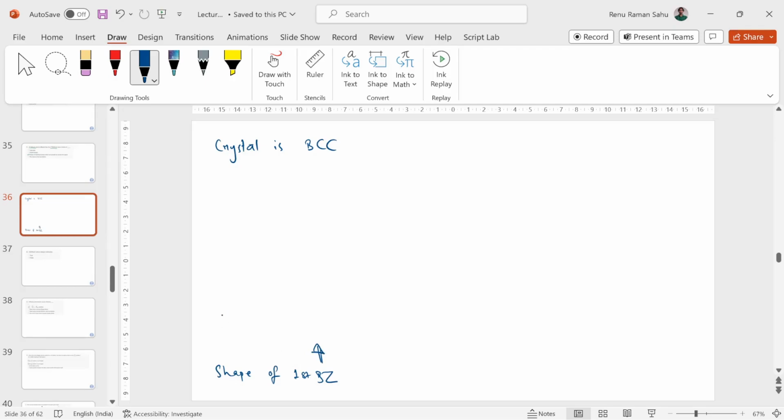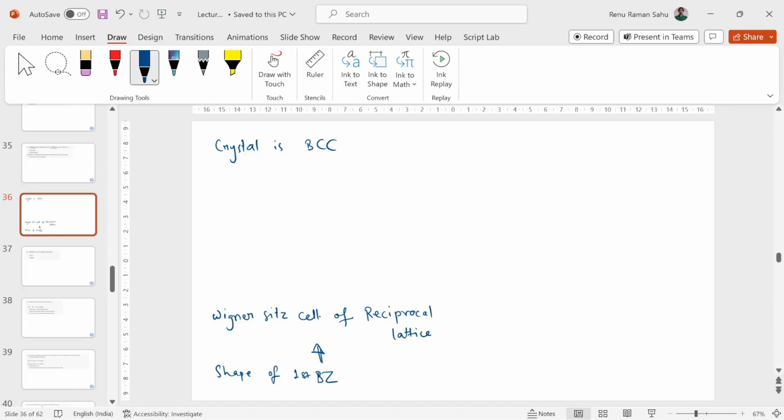In terms of the Wigner-Seitz cell, it is the Wigner-Seitz cell of the reciprocal lattice point. So for BCC, the reciprocal lattice is FCC, right?